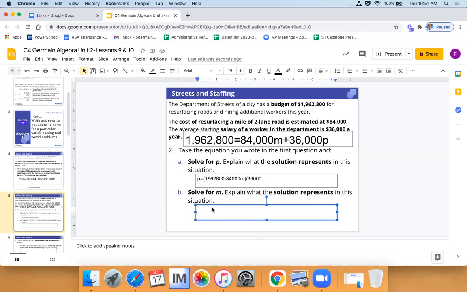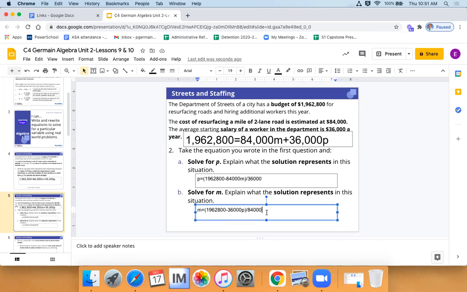So we would be left with M is equal to, in parentheses, 1,962,800 minus 36,000 P, all in parentheses, divided by that $84,000 per mile that it would cost.